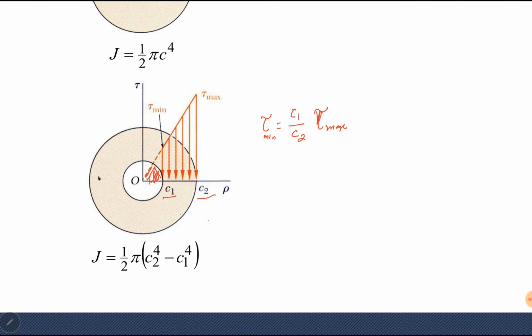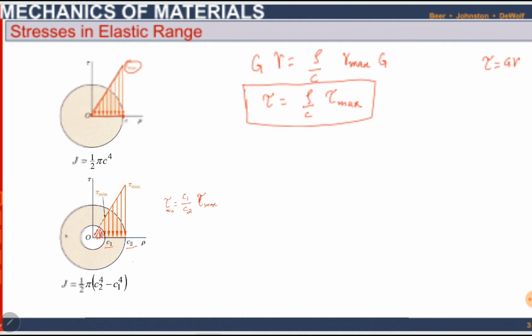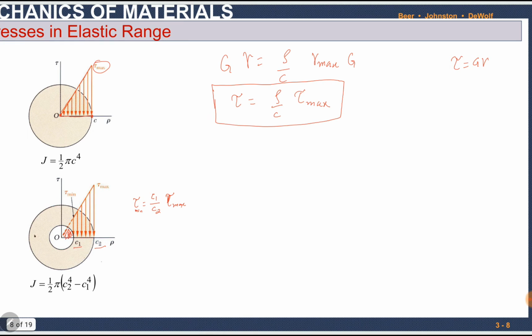Okay. Now previously we have discussed that torque is equal to the integral of rho times stress times dA, probably in the second or third slide of this lecture. Now we can put the expression of tau from here to here.